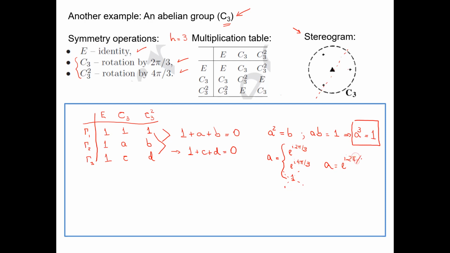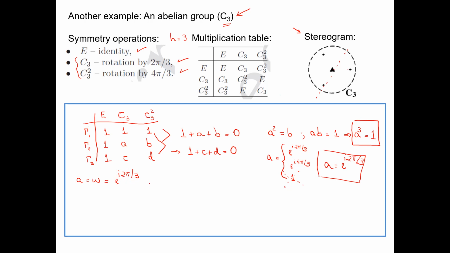This is the solution I'm going to use. And in the other case, C is going to be this one. But we don't know that yet. Let me just choose this solution and let's see where it leads us. So let me choose A equal to, I will call it omega, which is equal to e to the i 2 pi over 3.